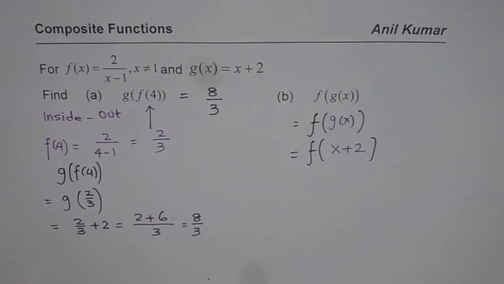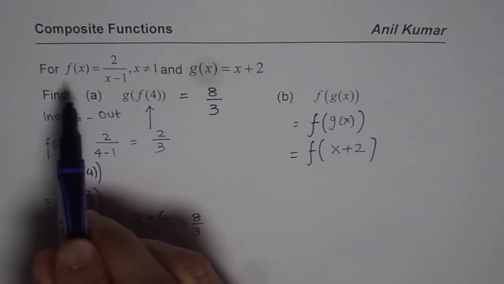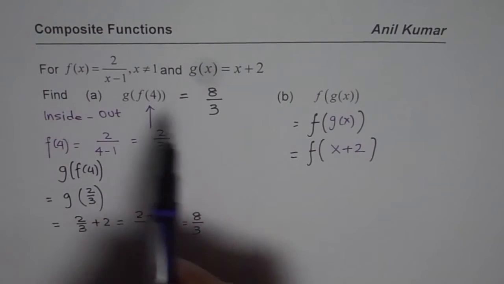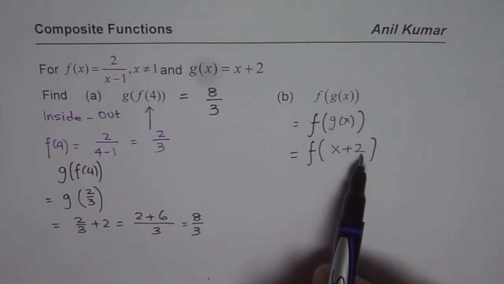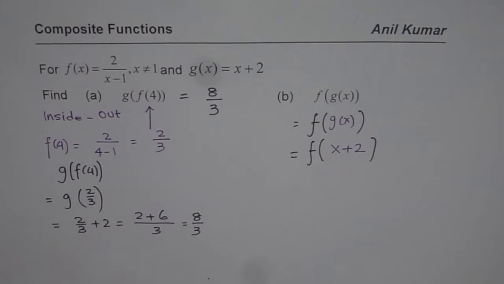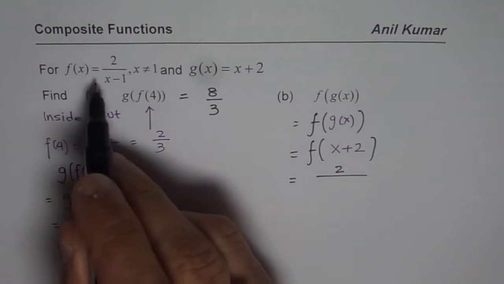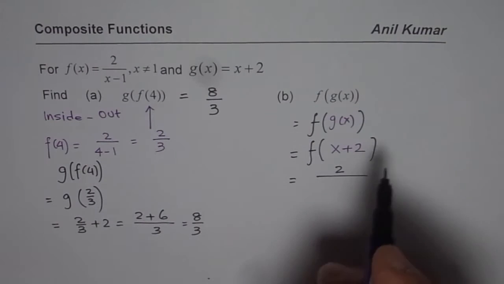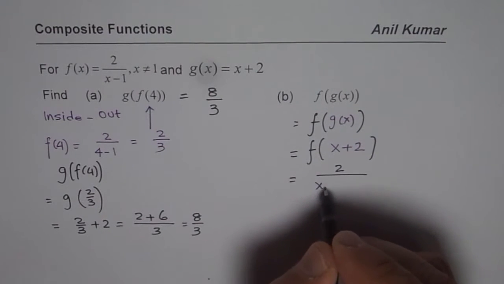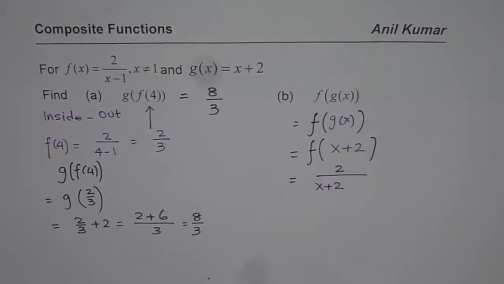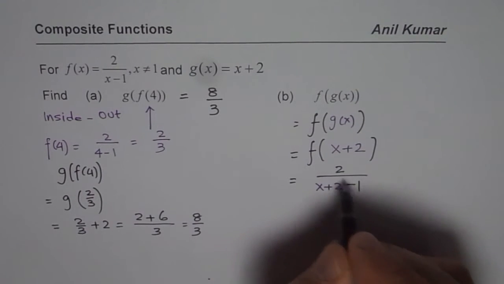You get the idea. So now you look at f of x. Now x actually has to be replaced by x plus 2, correct? So therefore we could now write this as 2 over, so instead of x I will write x plus 2, and the function was minus 1. Do you see that part?